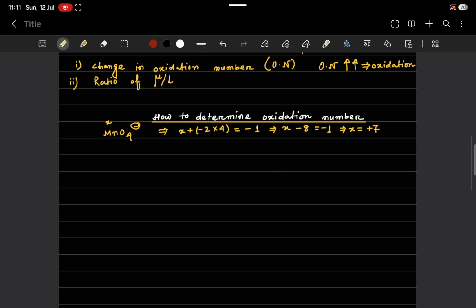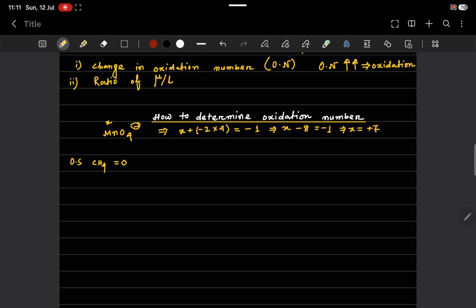Basically, the oxidation number of carbon in any hydrocarbon, you should consider it as 0. Let's say CH4: the oxidation number of carbon is 0.